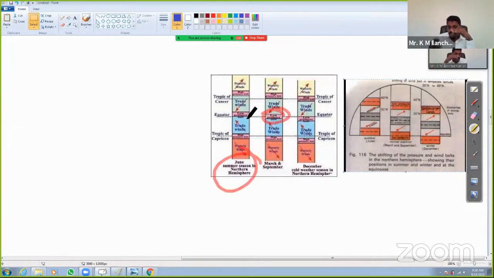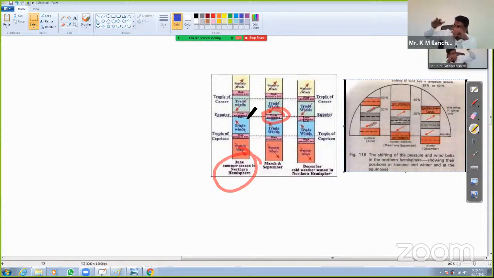June 21st, the sun's vertical rays will move towards what? Tropic of Cancer. June 21st is the summer solstice. Again, September 23rd, equinox. December 22nd, what you have is the winter solstice. So the sun's vertical rays oscillate between the Tropic of Cancer and Capricorn.